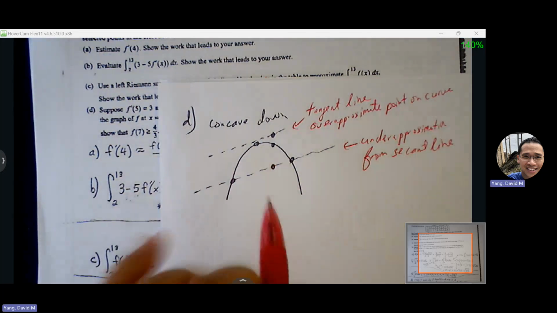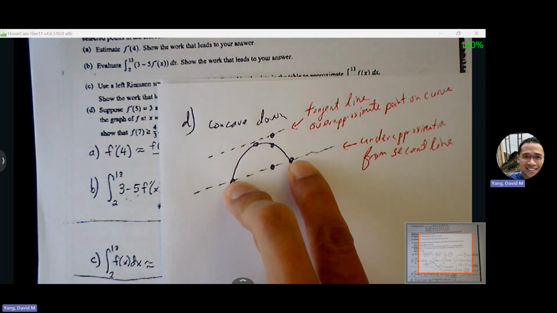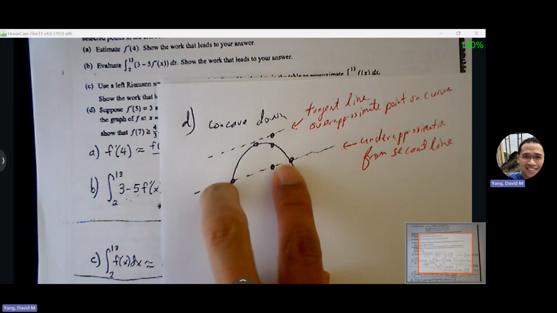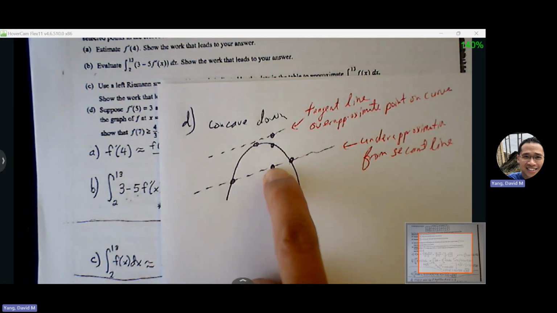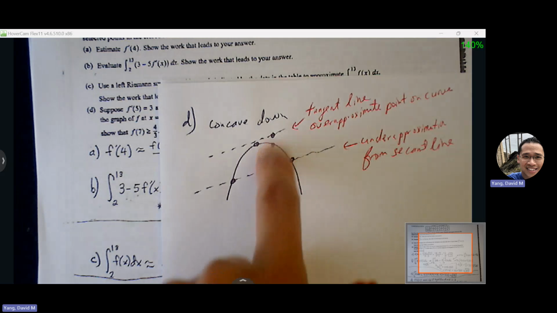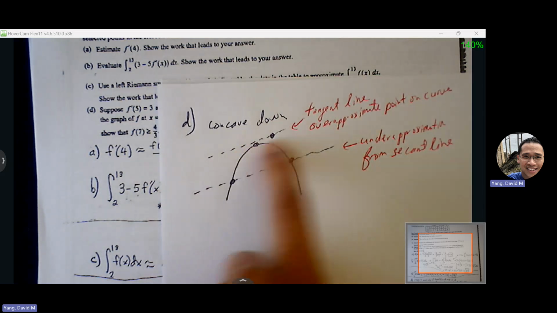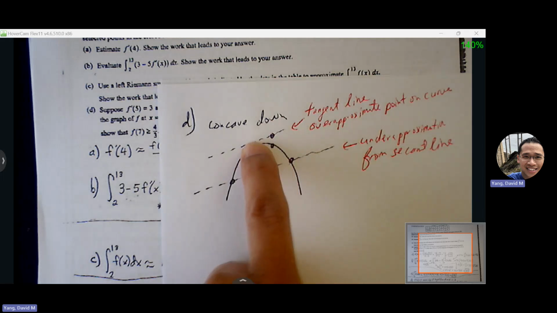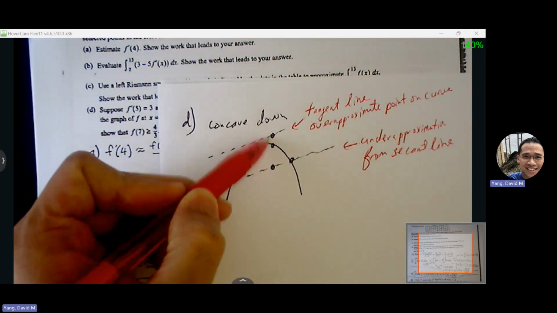For part D, we're given information where we can find points on a graph, find a slope, pick one of the points, do point slope form, and then we plug in a value to estimate the approximation. And we know that because of the shape of the graph, this point is going to be lower than the actual point on the graph. Meanwhile, tangent, we're given slope, we're given an ordered pair, we build that tangent line, we plug in the decimal value. That decimal value is going to be clearly above the curve.